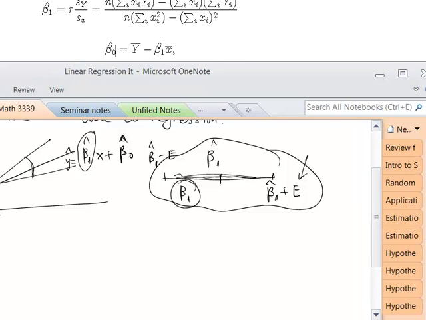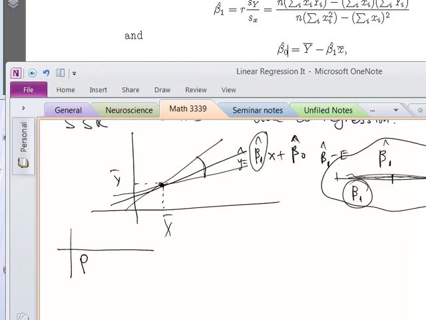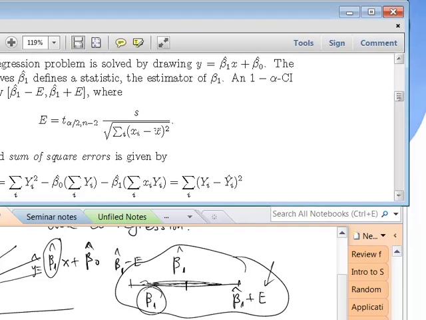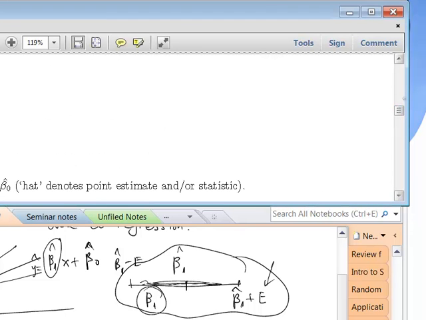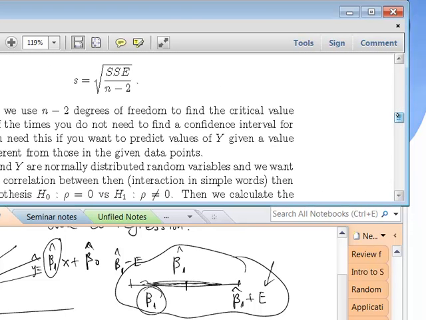So first you run the hypothesis testing with the null hypothesis being that rho is equal to 0 and the alternative hypothesis being that rho is not equal to 0. This is a hypothesis test which is always two-sided because we have 0 versus non-zero. And then, as we mentioned, you use a statistic which is this R statistic that you see here.